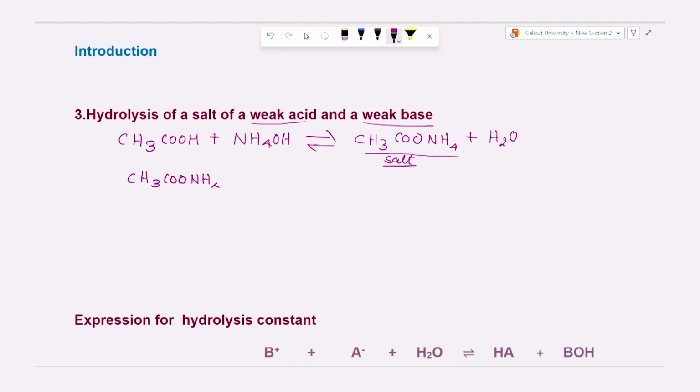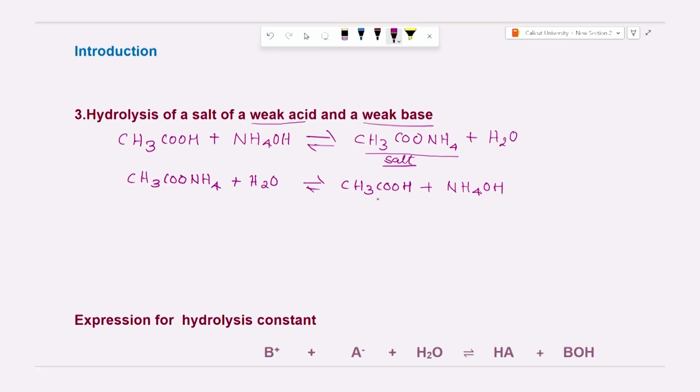And this salt, as you all know, can combine with water to give CH3COOH, which is a weak acid, and ammonium hydroxide.